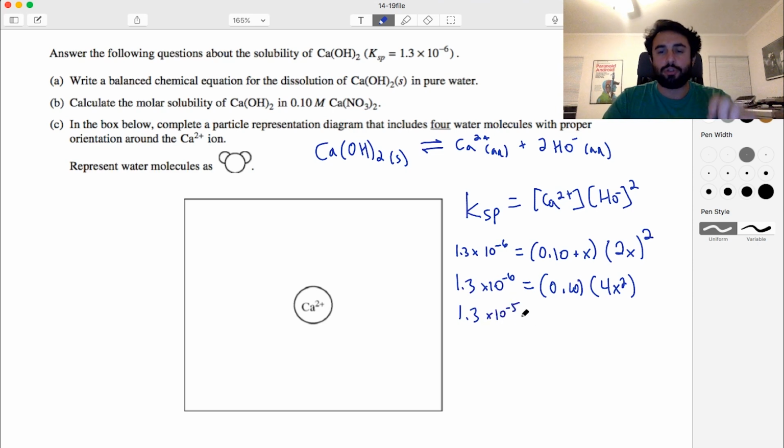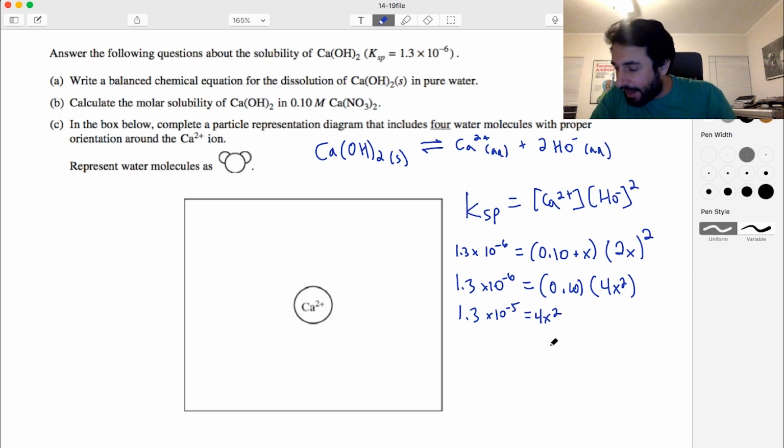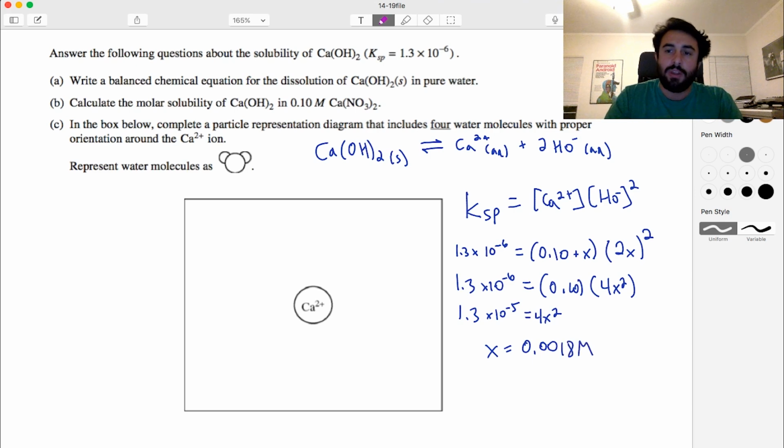So that may seem a little tricky, but remember, 10 to the -6 is a smaller number than 10 to the -5, right? 10 to the -6 is 1/1,000,000th. 10 to the -5 is 1/100,000th, right? So multiplying by 10, we get 1.3 times 10 to the -5 equals 4x squared. Divide both sides by 4 and take the square root, and x is going to be 0.0018 molar. That is the molar solubility of calcium hydroxide in this calcium nitrate solution.